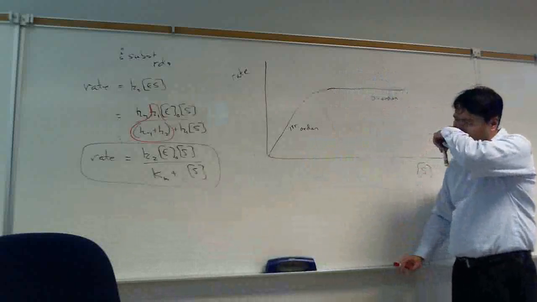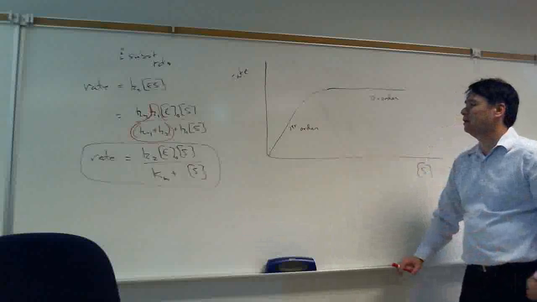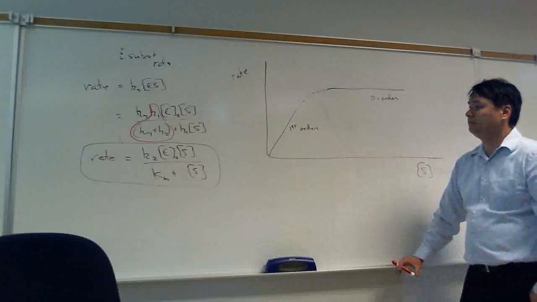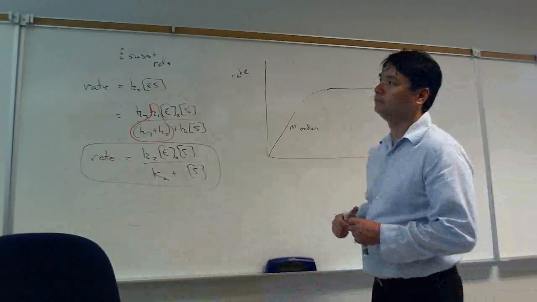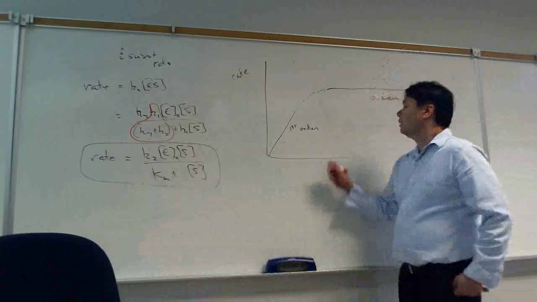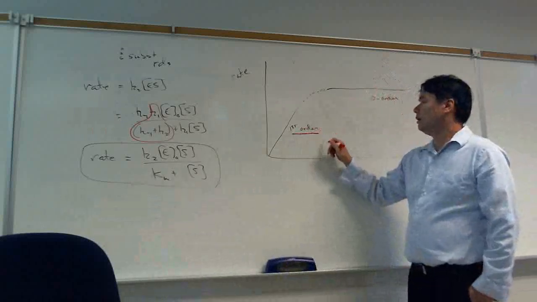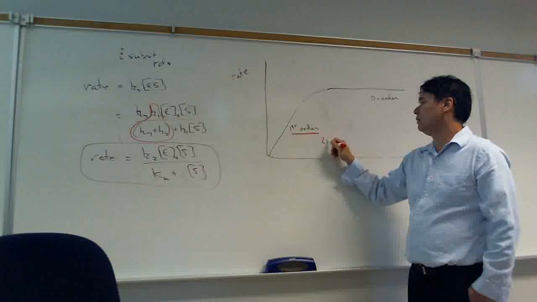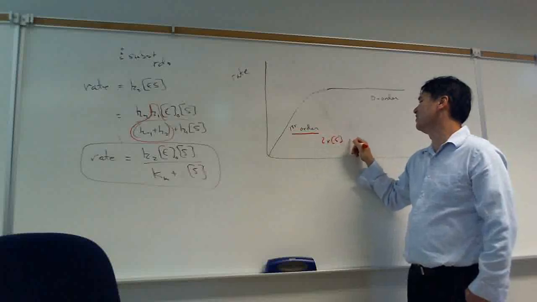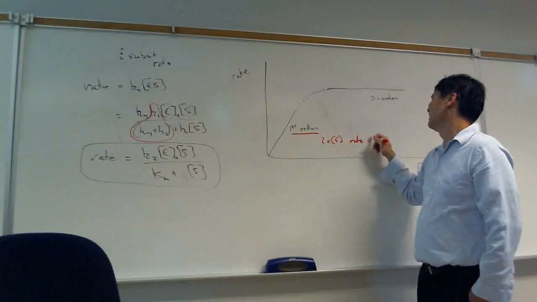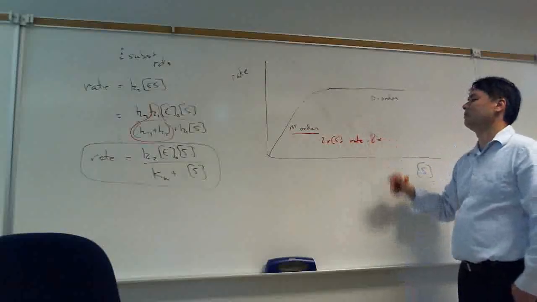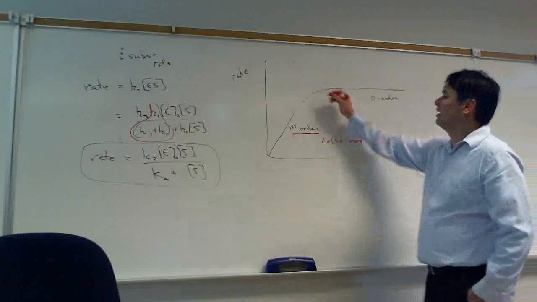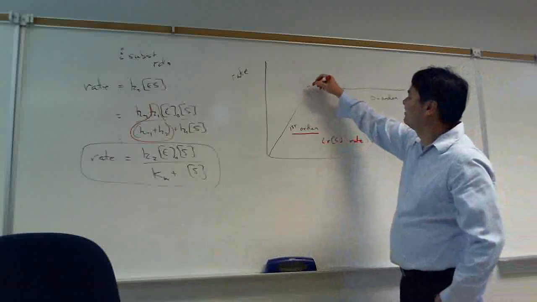And so what's happening here is this. If we double the substrate concentration, the rate should double. It's 2 times. Up to a point, around here we run out of enzyme.